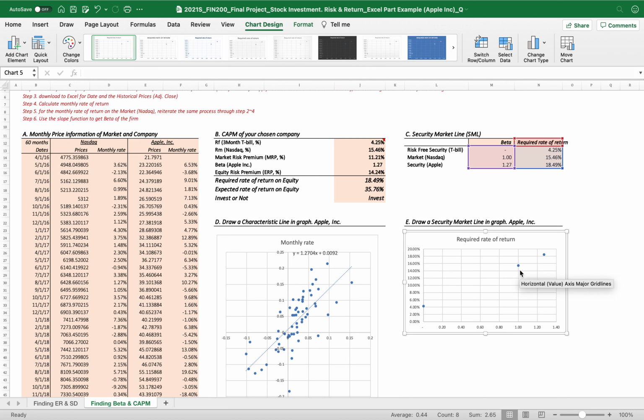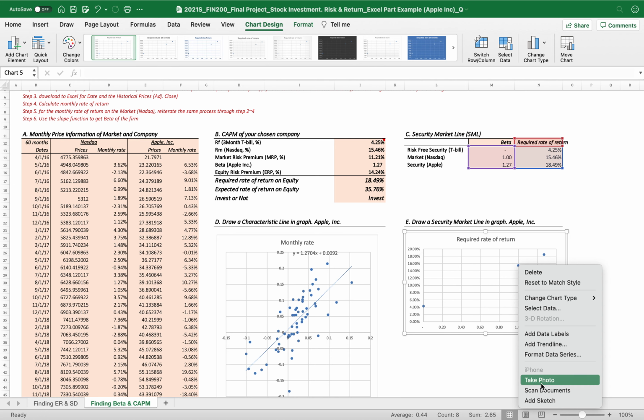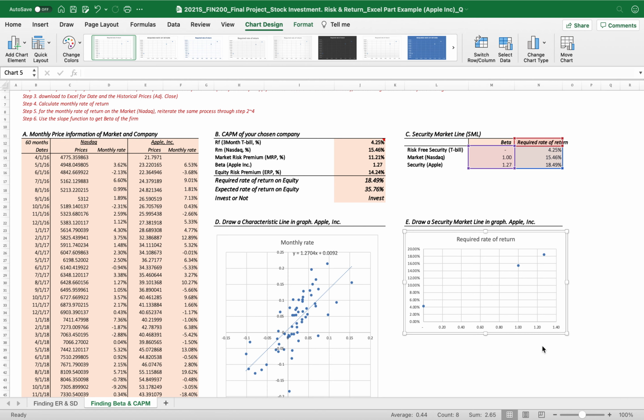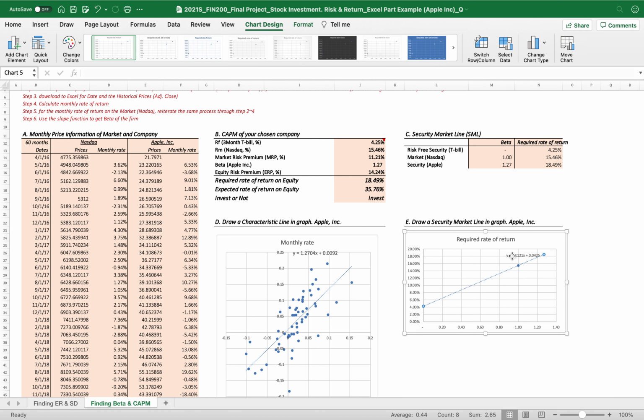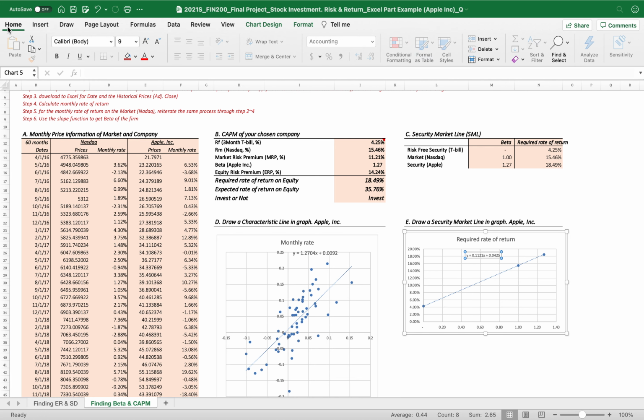Okay, so I'm going to add a trend line and display the equation. Now, what is this? You need to explain this equation as well. This equation explains the relationship between the beta and the required rate of return.